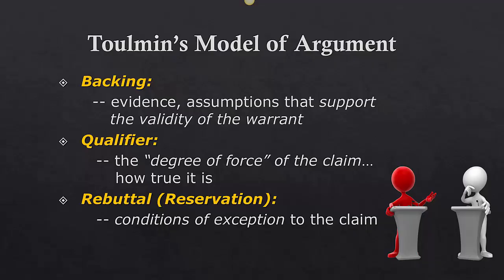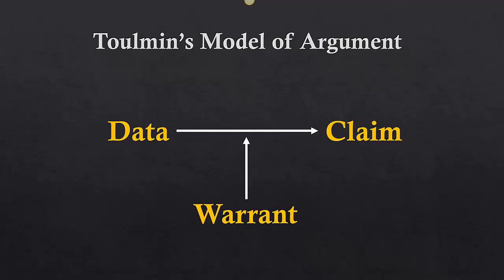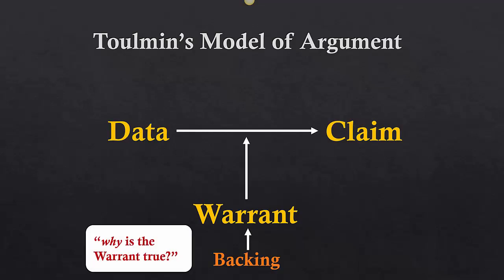So how do these pieces fold into the larger diagram? Well, here's our basic three, right? Claim, data, and warrant. So backing would go here in the diagram, right underneath the warrant with the arrow pointing towards the warrant, because, as we said, what the backing essentially does is provide evidence to answer the question, why is the warrant true? Now again, notice the relationship between backing and warrant.